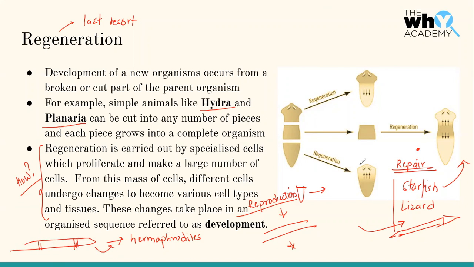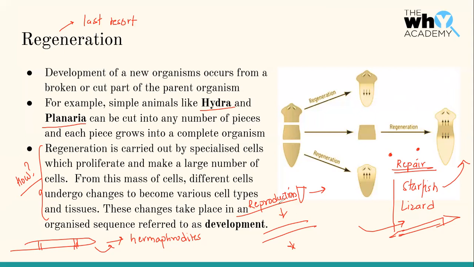They have organs for reproduction. They use regeneration for repair. Regeneration basically would start off as repair, and only in rare cases, or when the conditions are very favorable, or it feels like this would help the species propagate, it would go ahead as a mode of reproduction, right?